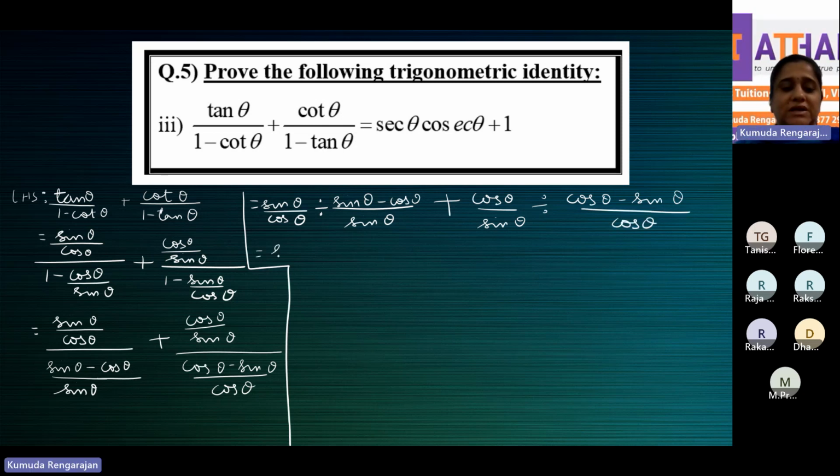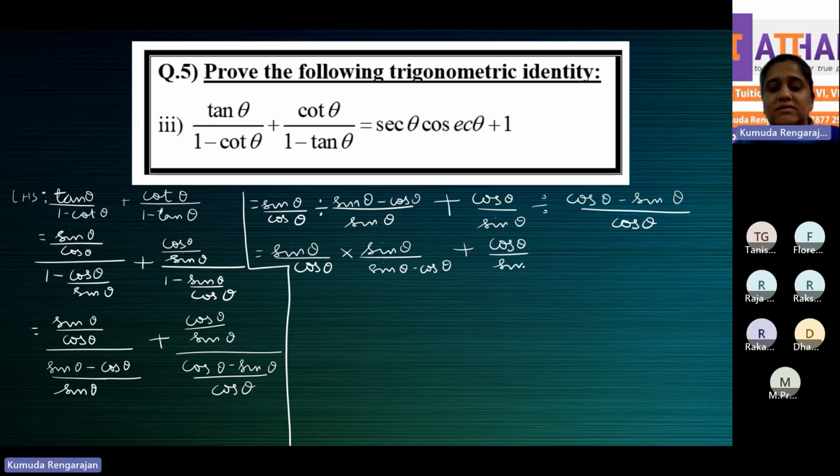Now division becomes multiplication. So sine theta by cos theta into sine theta by (sine theta minus cos theta) plus cos theta by sine theta.